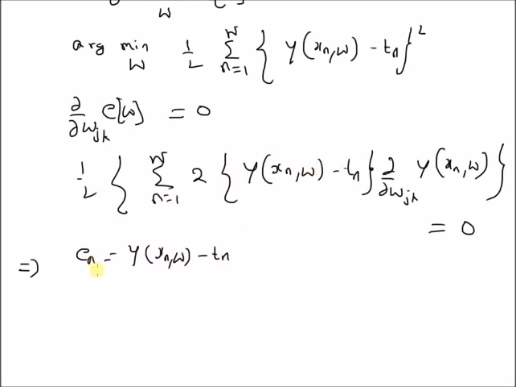So by rewriting this as en, and cancelling the 2's, we have summation n equal to 1 to N en into the derivative of the output, which is the derivative of the sigma function.